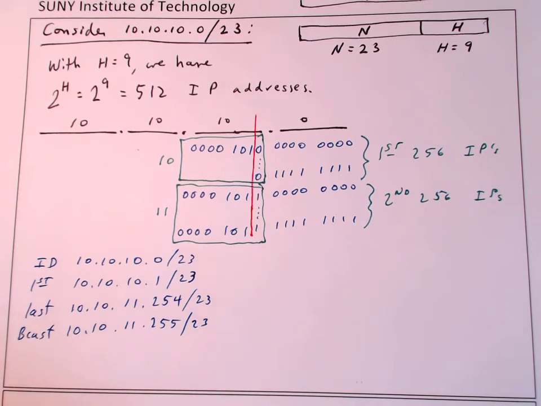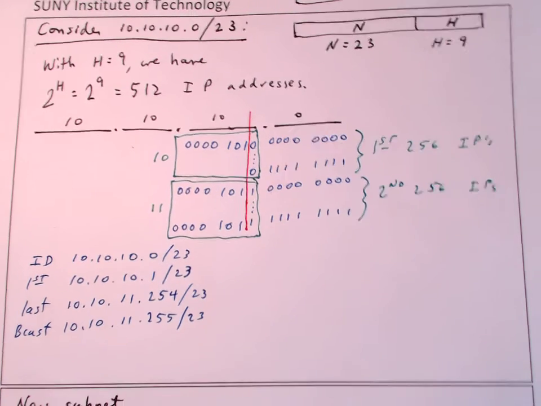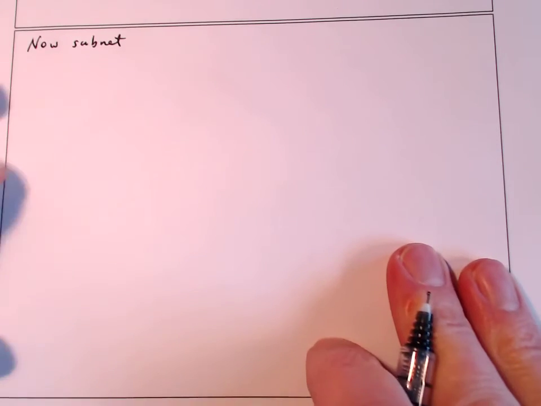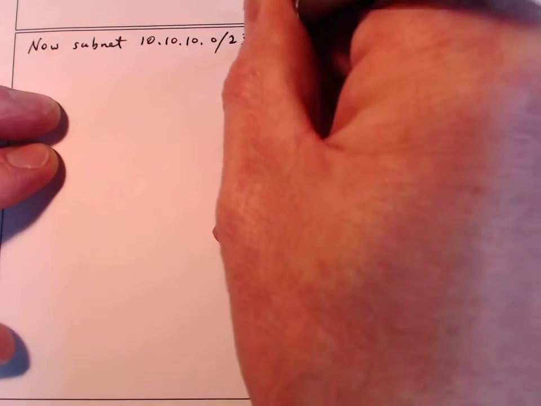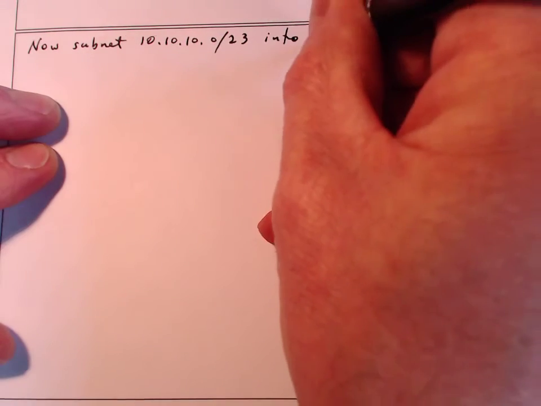Now we're going to subnet 10.10.10.0/23 into 8 subnets.